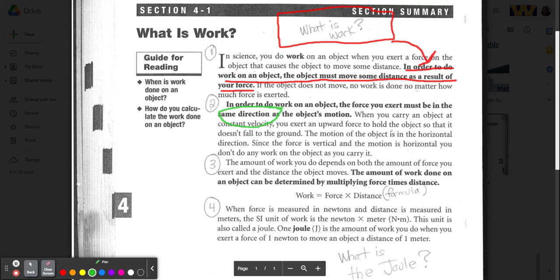If you are trying to push the refrigerator and it's not moving, you are not doing work. It didn't move in the direction of you pushing it. There's no movement, no work is being done.